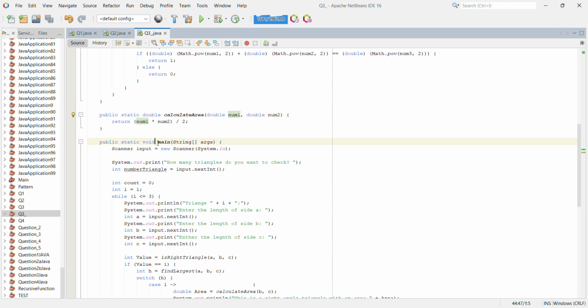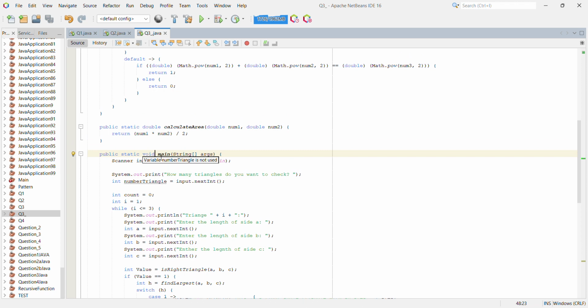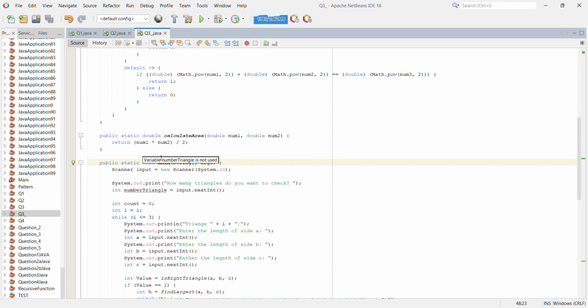In this, we will use the findLargest method, which finds the largest value. Then we will calculate the area using the two numbers that are not the hypotenuse. To do this, we must set our method as one that returns a double.